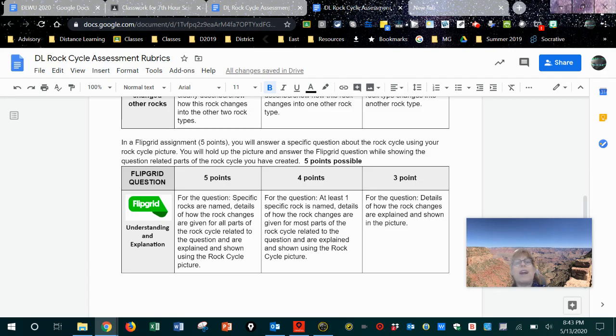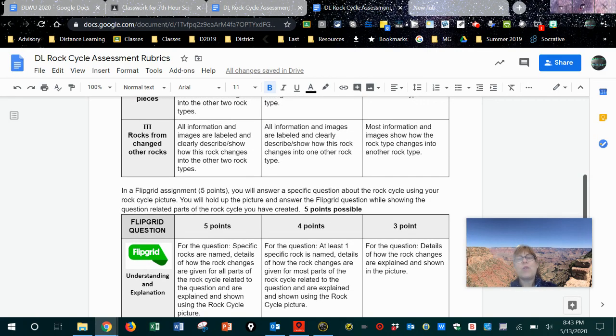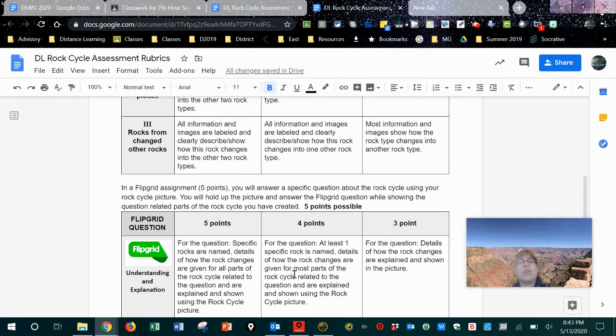So the picture has to be done in order to show the information. And you can read 4 and 3 points. And doing your Flipgrid and having some information on it and showing it, you get 3 points. So just know that it's pretty easy to get the 3. 4 and 5 is looking at more specific examples of the rock type.